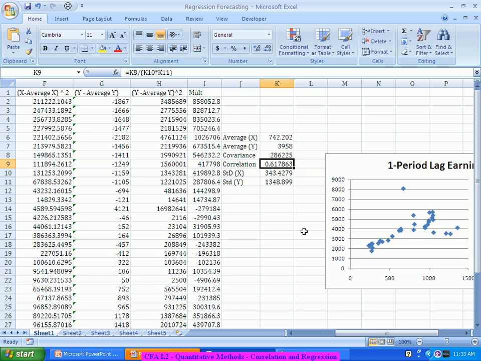Now the question is, is 0.61 a high correlation or a low correlation? So I need to have some kind of a basis to test whether this correlation is high or low or no correlation. It lies between -1 to +1.